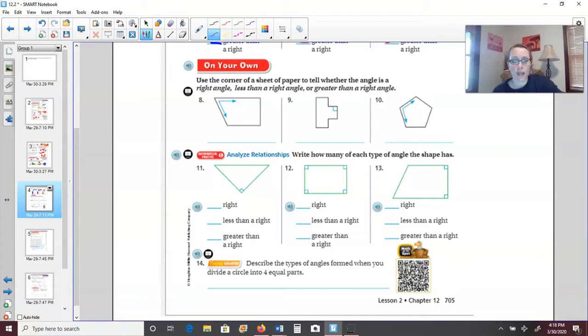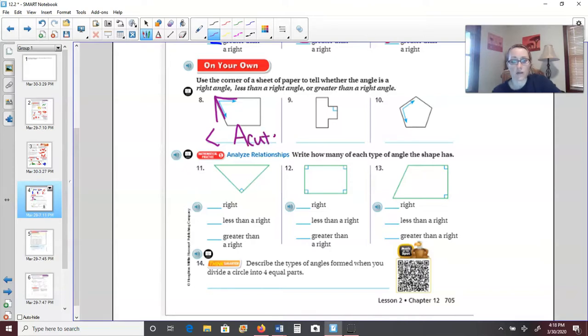So on number 8, we look here at this angle that they've highlighted with their blue arrows. I think that angle is pinching in. It's not a perfect corner, otherwise this one would come straight down. It is less than a right angle, or our special name for that is acute.